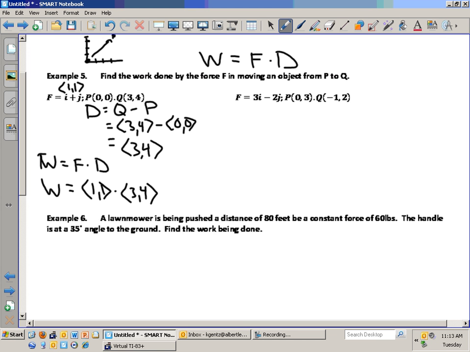So what's 1, 1 times 3, 4? 1 times 3 is 3, 1 times 4 is 4. We add them together, you get 7. Because we learned yesterday that in order to multiply vectors, you multiply the a's and add it to the b's multiplied together. That's the dot product we learned yesterday. Dot product property.